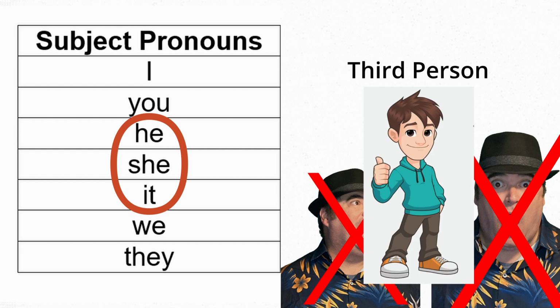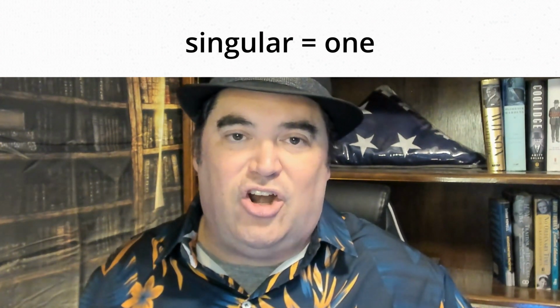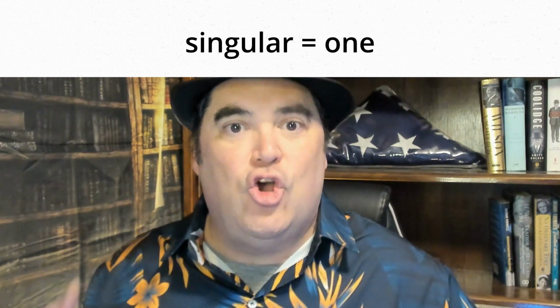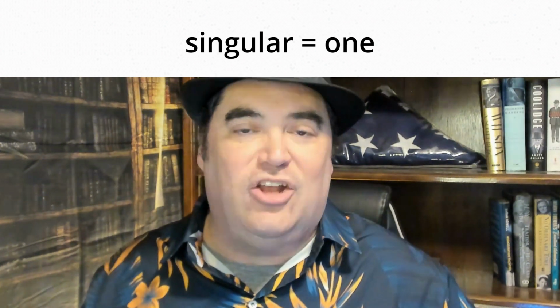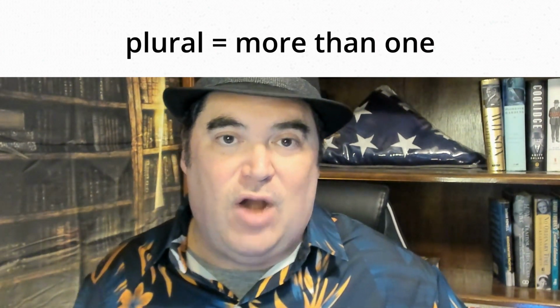It's someone else. Now, these pronouns that I just gave you, I, you, he, she, it, these are all singular. We say they are singular because they represent one. Singular means one. But if we have more than one, we want to use a plural pronoun. All right?